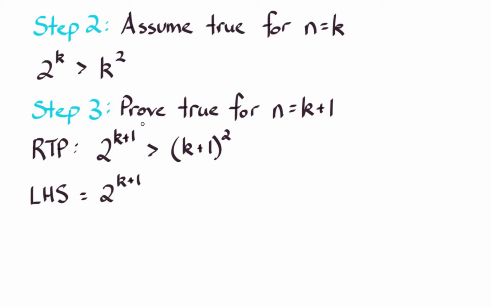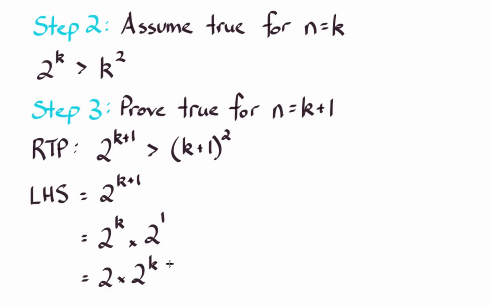Now, keep in mind that we want to use step 2. Step 2 involves the 2 to the power of k. So when we look at 2 to the power of k plus 1, this is 2 to the power of k times 2 to the power of 1. Or we could write that as 2 times 2 to the power of k if we switch them around.